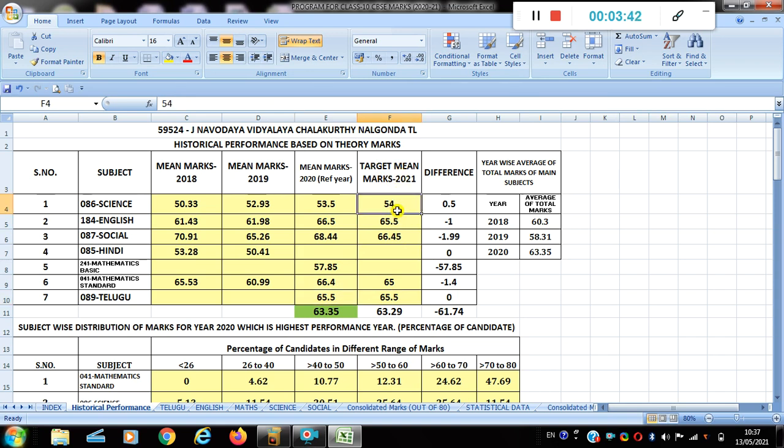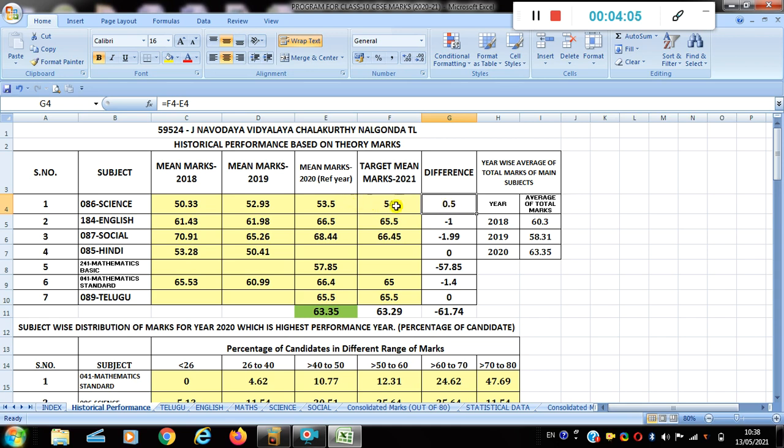All of us are well aware that it can be plus or minus 2 when compared to the reference year. Then only CBSE will accept the result to the server. Here it is 53.5. I made it 54, and hence the difference is showing as 0.5, acceptable.